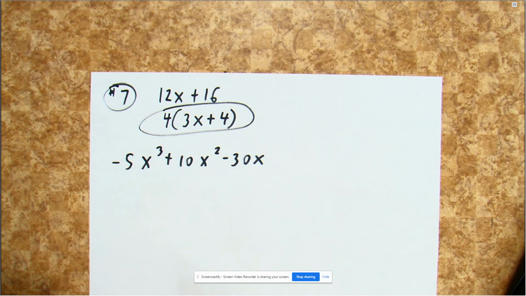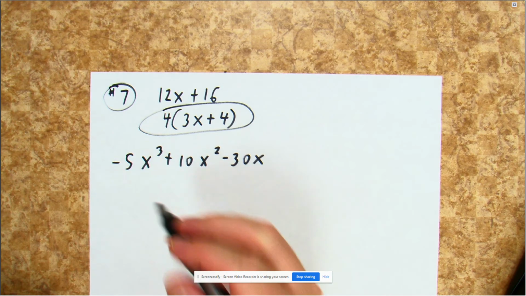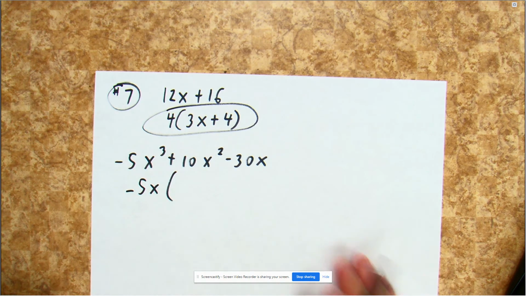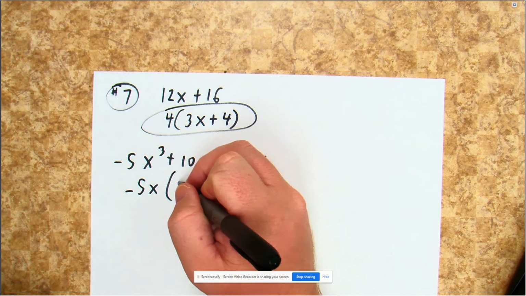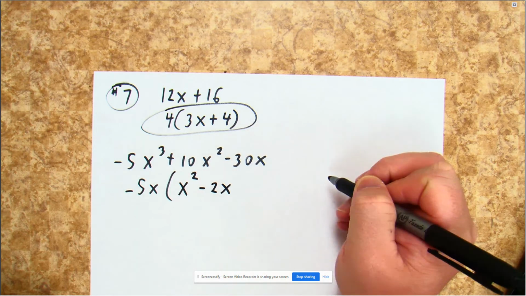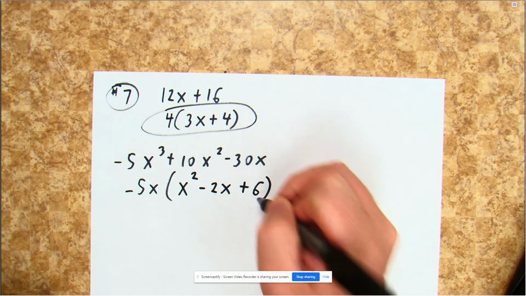They all also have an x in common. Negative 5x is the greatest common factor that you're looking for. If you divide each of those terms by negative 5x, you end up with x squared minus 2x plus 6.